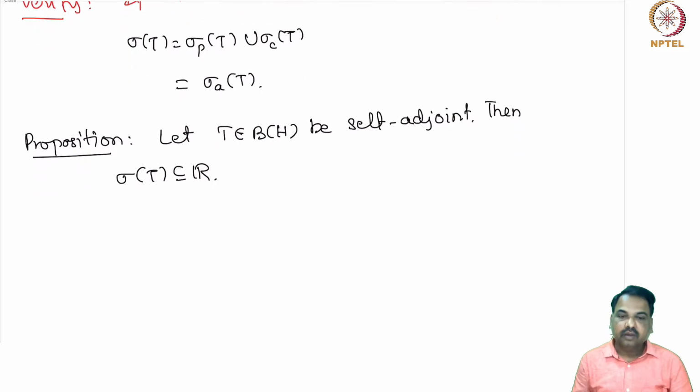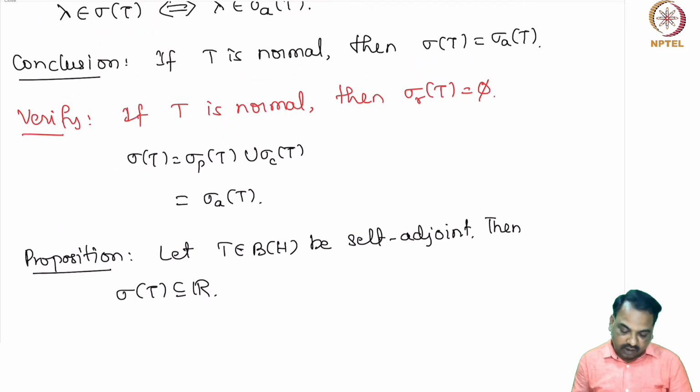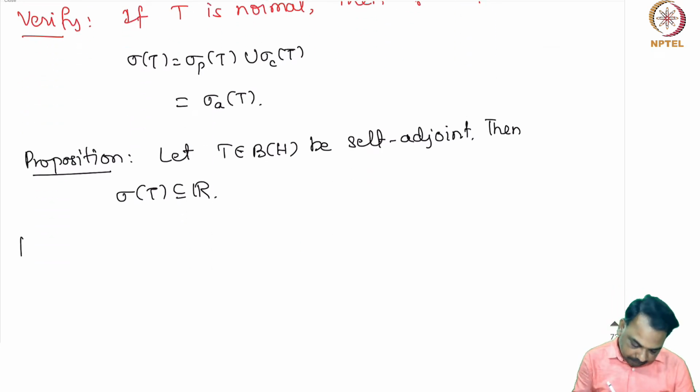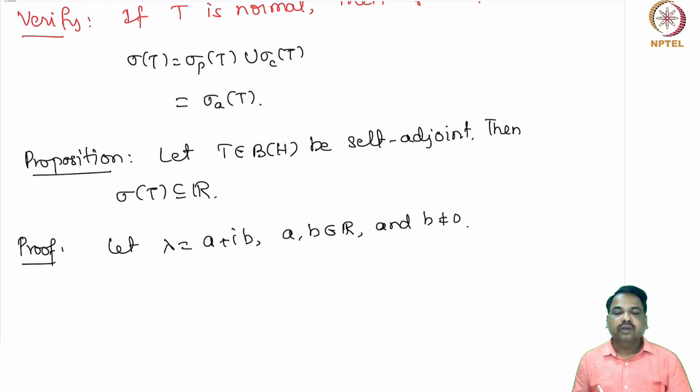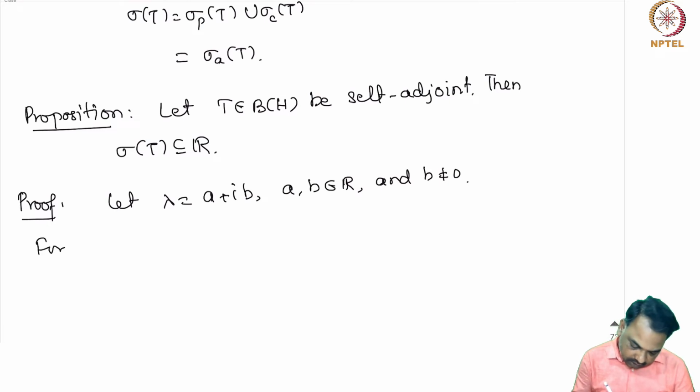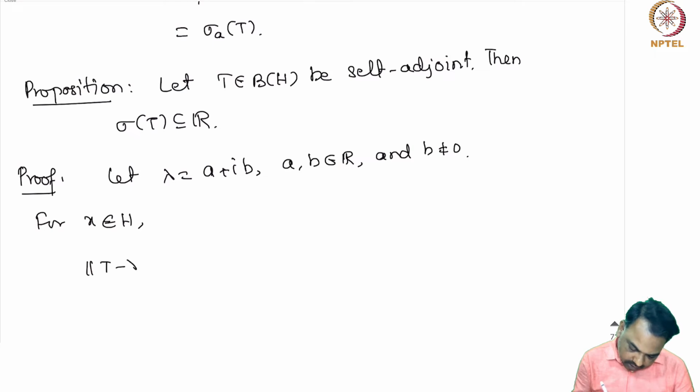Here we give a proof depending on the earlier fact that the spectrum for a normal operator is exactly the approximate point spectrum. So let us take lambda to be A plus iB, where A and B are real numbers and B is non-zero. Then we want to show that lambda is in the resolvent set of T. So for x in H, we can easily look at the norm square of (T minus lambda I) at x.